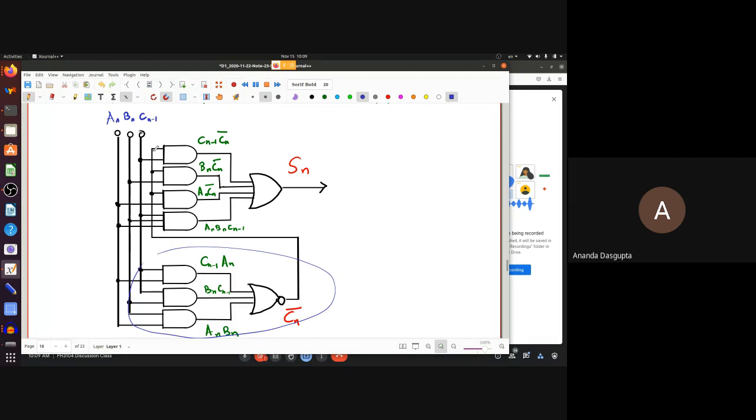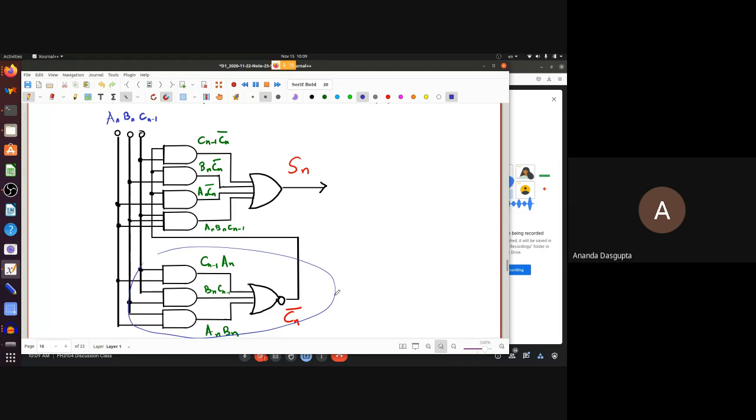And then you take the output and directly feed it to 4 3-input AND gates. One with Cn minus 1, one with Bn, one with An. And of course, the fourth one doesn't get Cn bar at all. It takes An, Bn, Cn minus 1, produces this. And this simply gives you Sn. Okay, so this circuit gives you Cn bar and Sn directly. Of course, if you want Cn, you can just put in an additional NOT gate after that. That's all you really need.